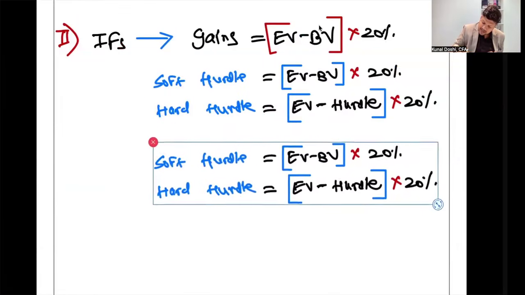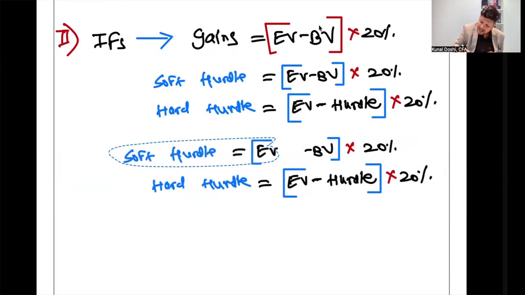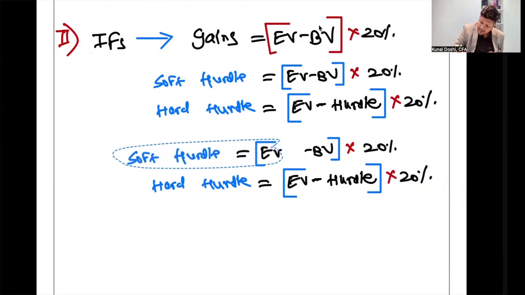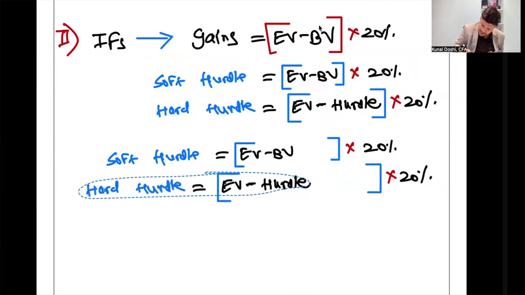Now, please understand this: in the same case, if they say net of management fee, then what will I do, guys? I will subtract the management fee also, isn't it? If they say net of management fee, then from the gains I will subtract what?